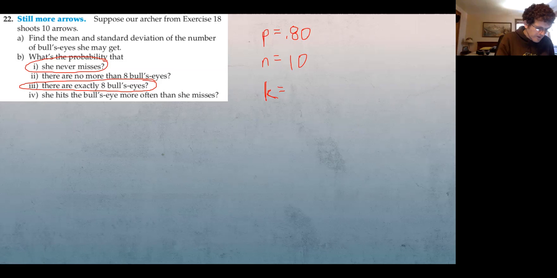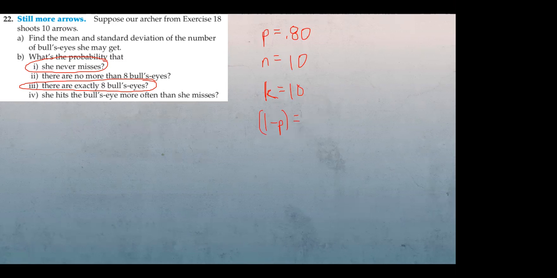We want to see the probability of getting 10 successes. And the probability of failure will be what? 0.2.